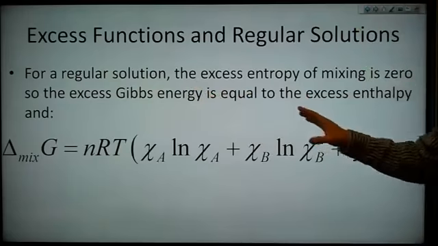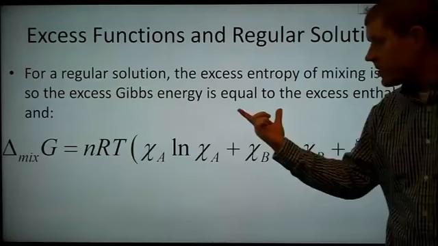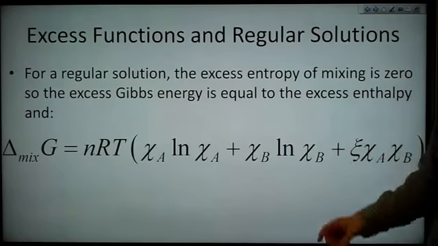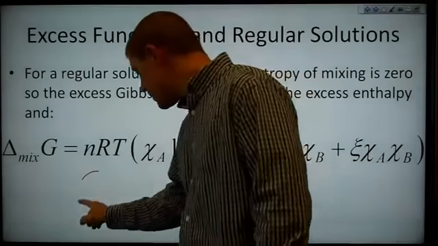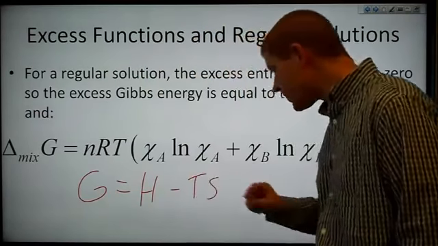All right, so for a regular solution then, the excess entropy of mixing is 0. So the excess Gibbs energy is equal to the excess enthalpy. Because again, remember that G equals H minus TS.